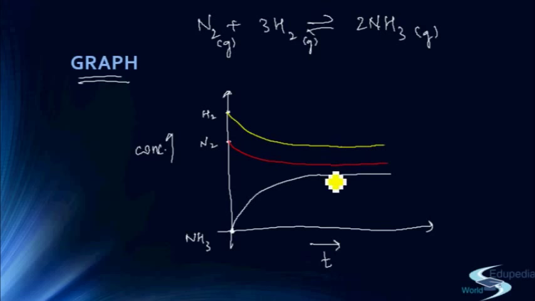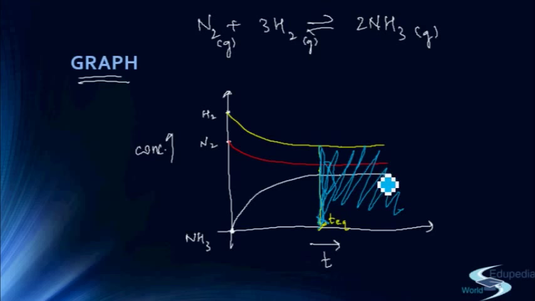So this is what happens in this reaction: the amount of nitrogen and hydrogen decreases, the amount of ammonia increases, and finally after equilibrium is achieved, after T equilibrium, all of them are at constant values. This whole region is where equilibrium exists.